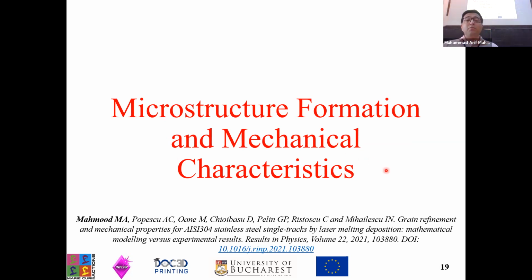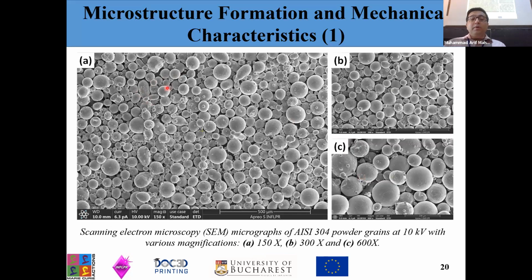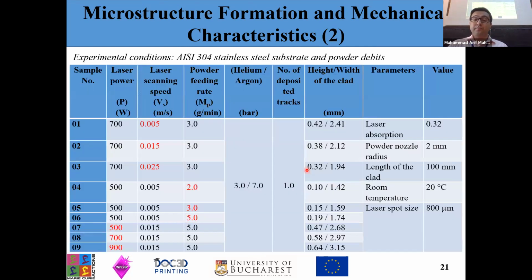domain. In this domain, we determine correlation among operating conditions, microstructure, and corresponding mechanical properties. Figures A, B, and C show the SEM micrographs of AISI 304 stainless steel at 150x, 300x, and 600x magnifications.